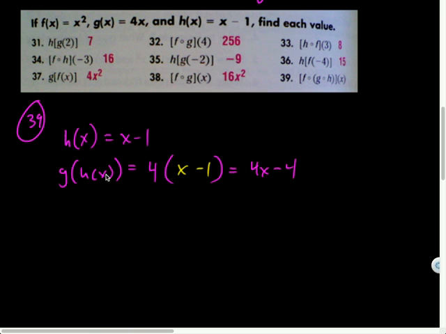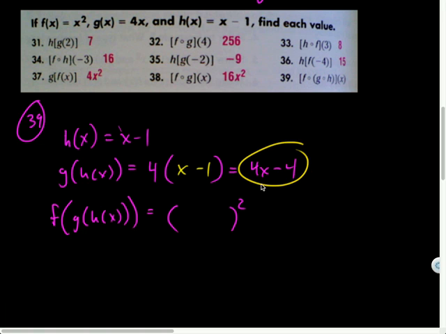And now I want to figure out what is f of g of h of x. So function f is the x squared function. So whatever I get, I plug in and I square it. What am I plugging in at this time? I'm plugging in g of h of x. So I'm taking this and plugging it in. So (4x minus 4) squared.